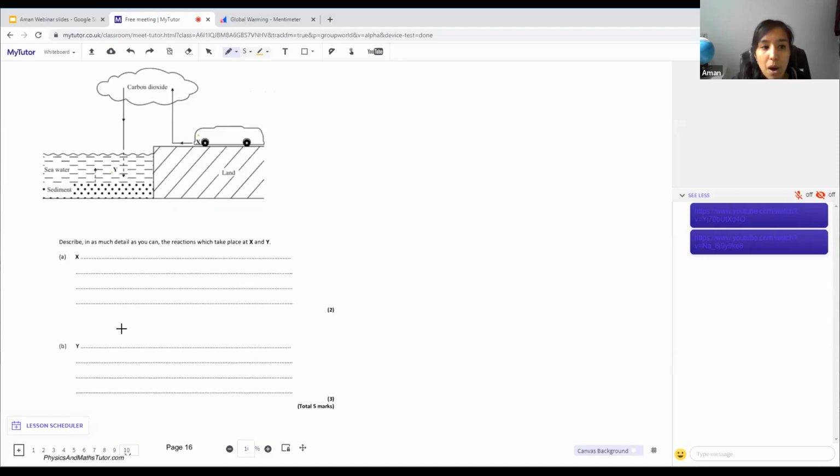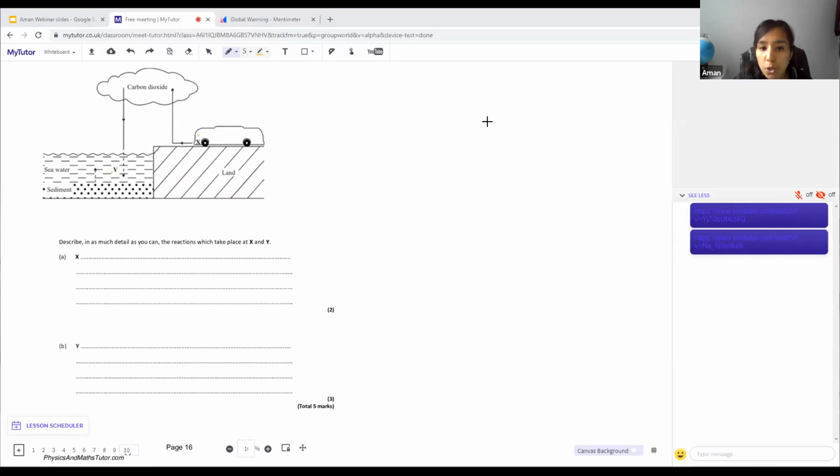Good. Okay, what about at Y? So at X, we've got combustion taking place. When combustion takes place, we burn fossil fuels in plenty of oxygen, which produces carbon dioxide, and that's released into the atmosphere. What about at Y? What's occurring? Good. So there are two things you can talk about with the Y. So first of all, hopefully you remember that carbon dioxide does dissolve in oceans.